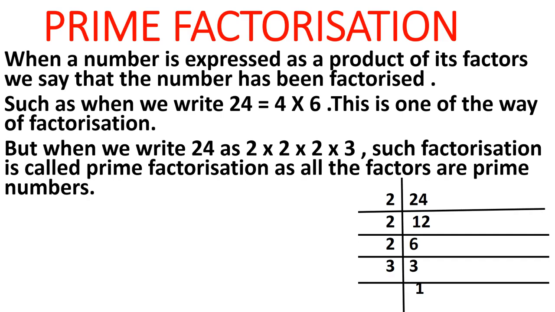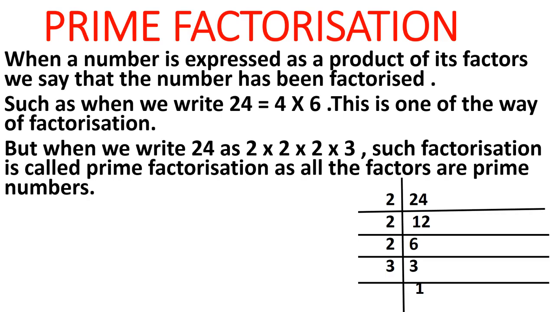Then again 12 is possible to divide by 2. 2 sixes are 12. Now divide 6 again by 2. 2 threes are 6. Now divide 3 by 3. 3 ones are 3. So the prime factorization of 24 is 2 multiplied by 2 multiplied by 2 multiplied by 3.